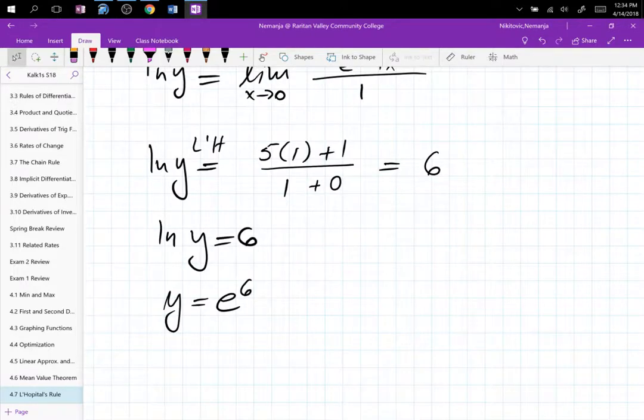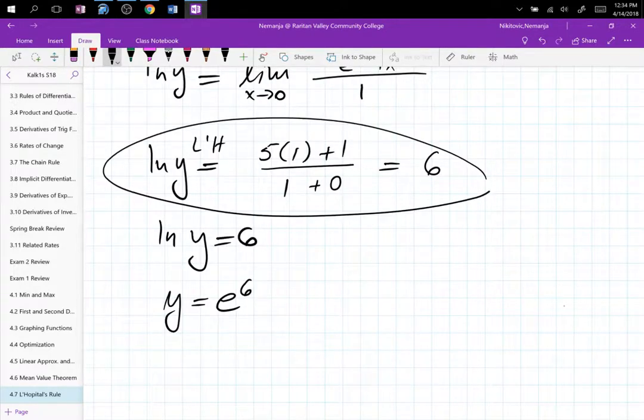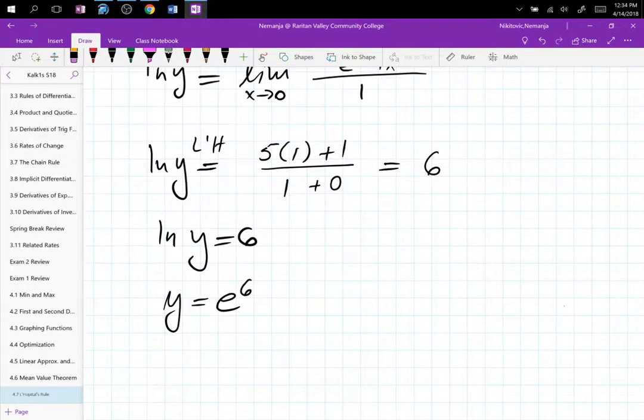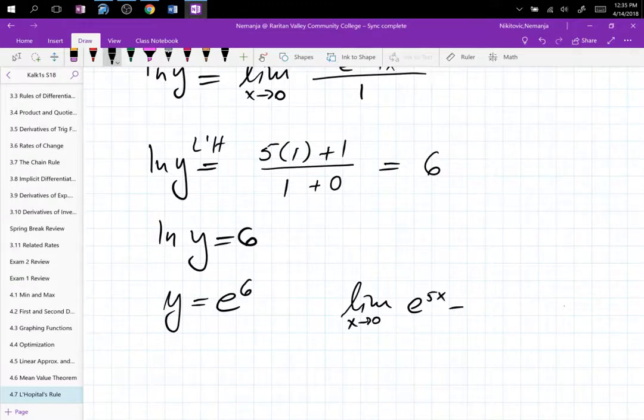So now what I have here is that the procedure gives me 6. I'm realizing that's not the y equals. So I have to deal with that. So y is equal to this. Now y was defined to be limit as x goes to 0 of e to the 5x plus x raised to 1 over x, and that is equal to e to the 6.